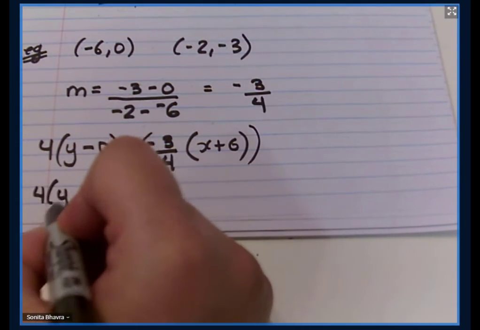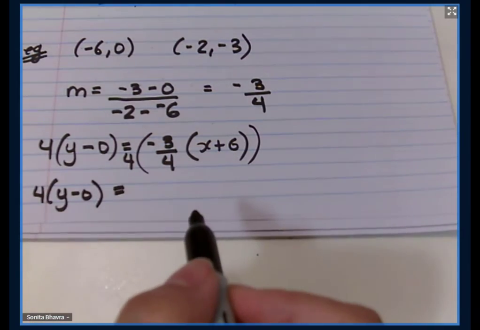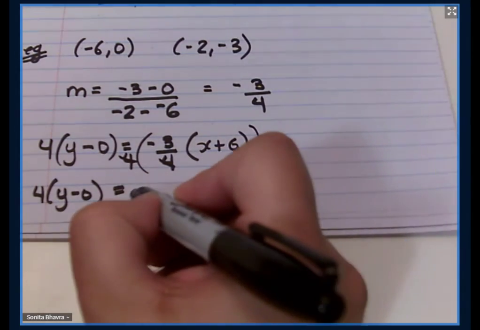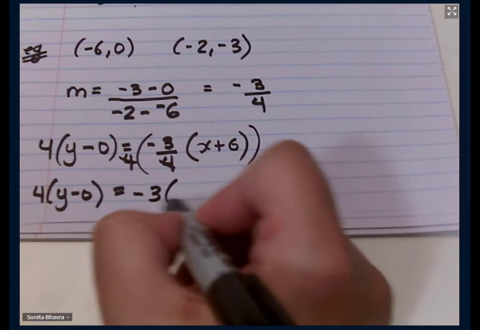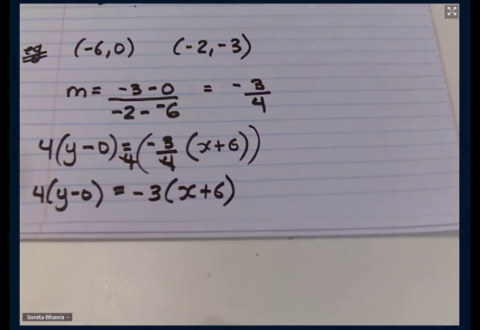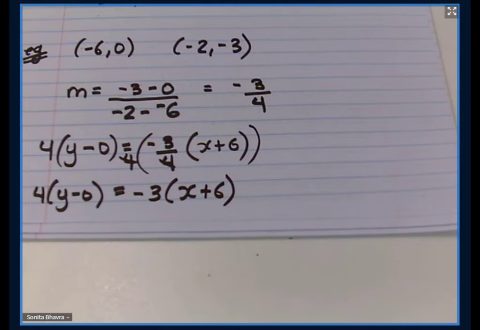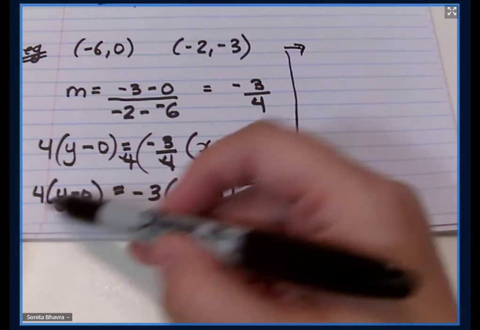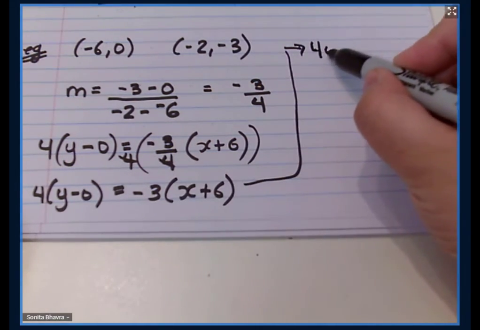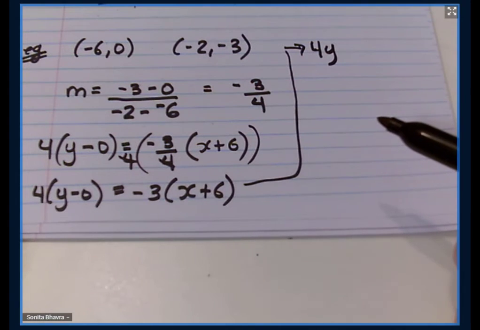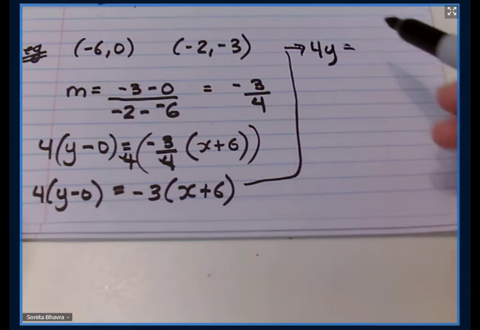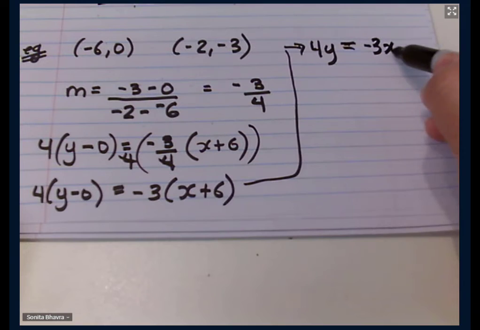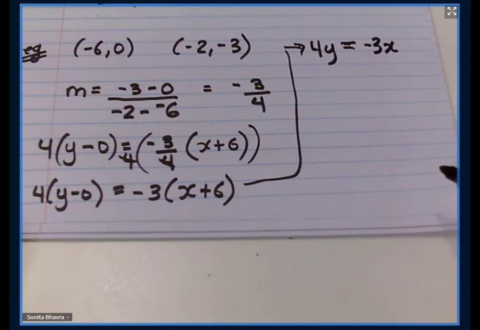So 4y minus 0, and these will cancel out, and we'll end up with negative 3 multiplied by x plus 6. Multiplying this out, 4 times y is 4y, 4 times 0 is just 0. And then on our right-hand side, negative 3 times x is negative 3x, and negative 3 times 6 is negative 18.